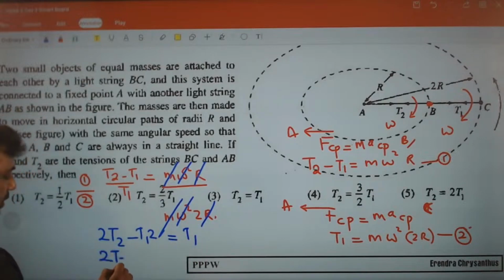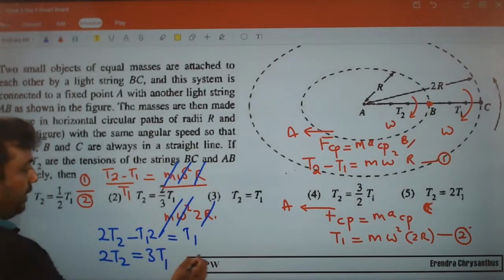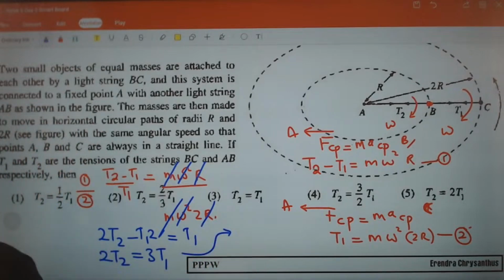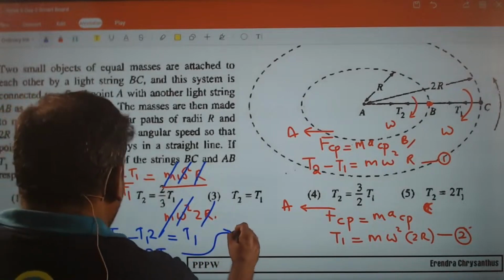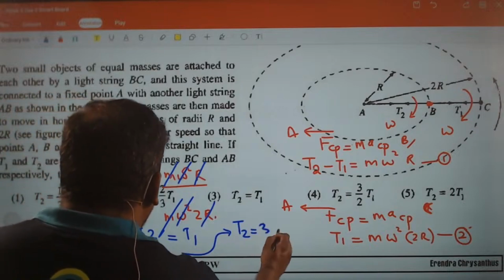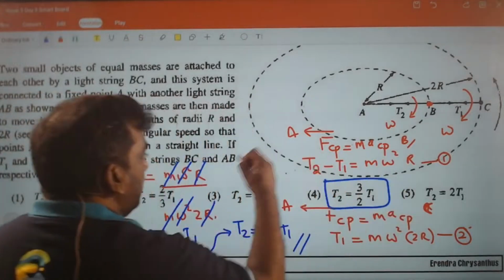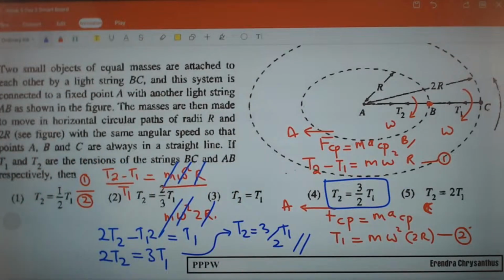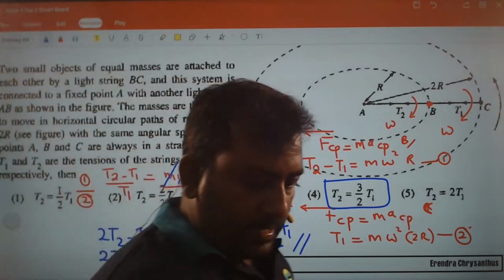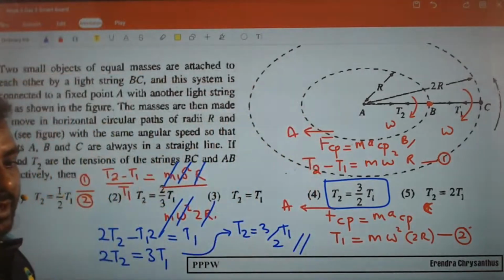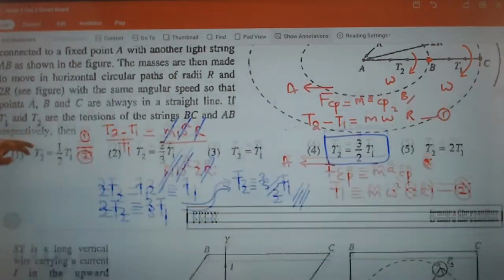Here 2 times T2 equals 3T1. From this you can say the relationship: T2 equals 3 over 2 T1. The correct answer is answer number 4. Easily you can get. Right. Okay. Moving on.